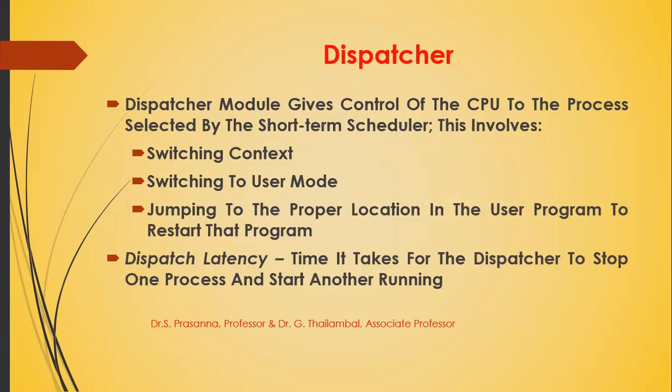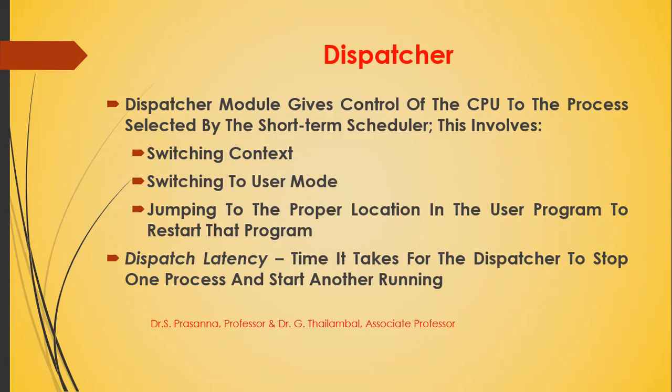Dispatcher. The work of the dispatcher in CPU scheduling is to give control of the CPU to the process selected by the short-term scheduler. This involves switching context, switching to user mode, and jumping to the proper location in the user program to restart the program. Dispatch latency is the time taken for the dispatcher to stop one process and start another running.